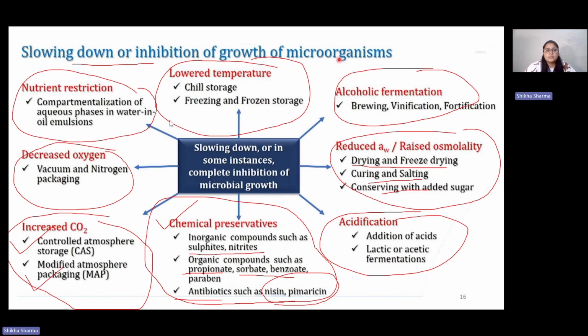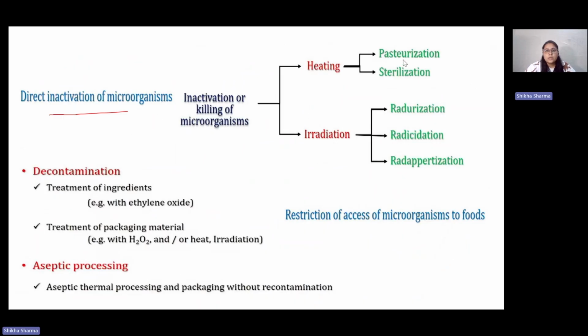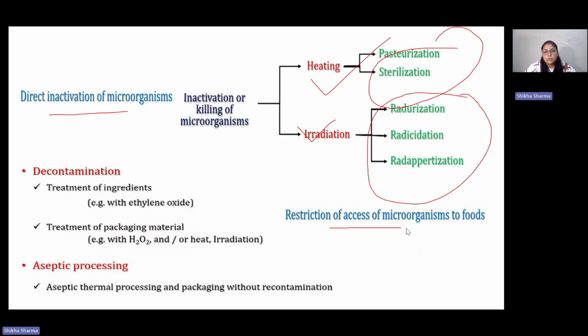Then there is direct inactivation of the microorganisms, like heating, pasteurization and sterilization, or irradiation methods like radiation and radicalization. And then the microorganism access to the food can be restricted using decontamination methods, like ethylene oxide treatment, or by including and treating the packaging material.